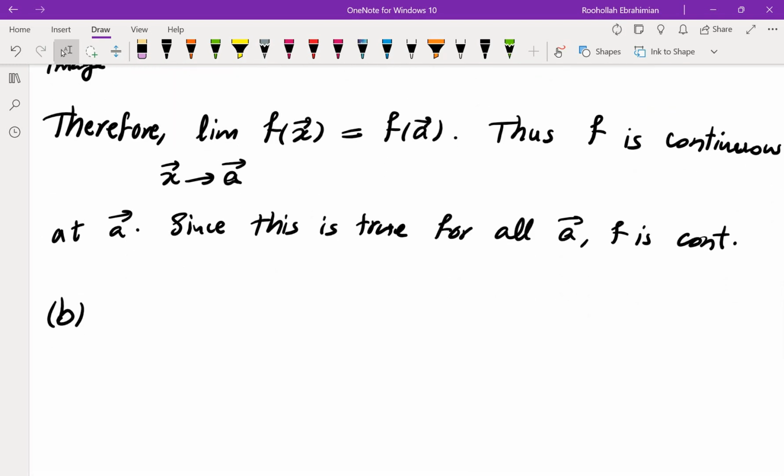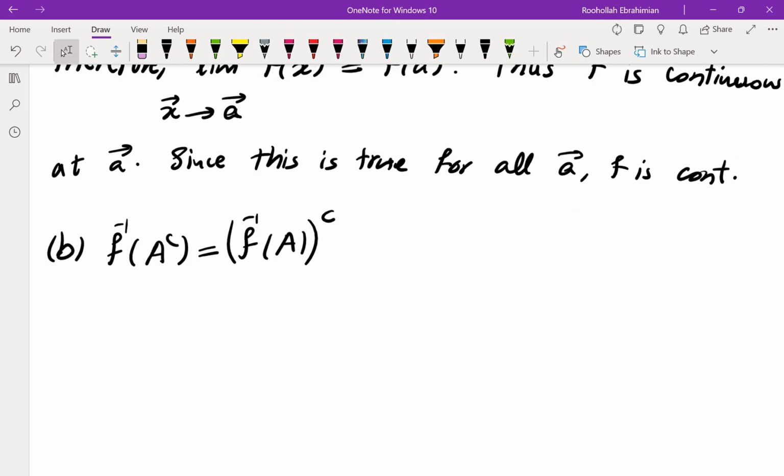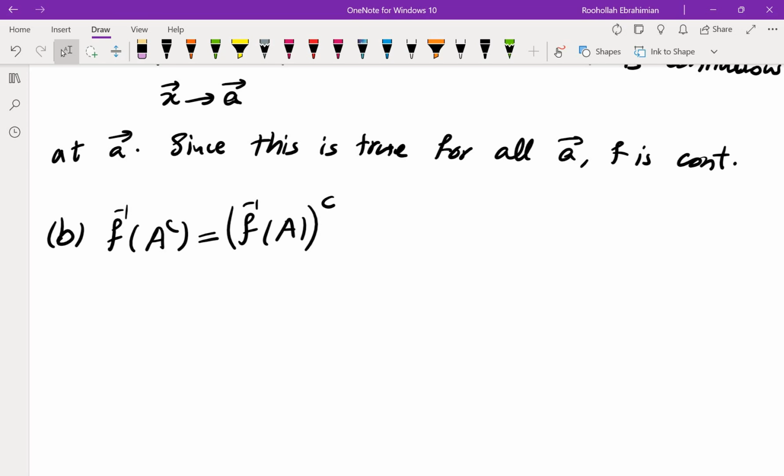What we do is that we're going to use the fact that the complement of an open set is closed and the complement of a closed set is open. So one thing to note is that if you take f inverse of a set complement, that's the complement of f inverse of that set. So if you use that, you would be able to recover the proof for this one. And what does that mean? These complements are actually quite different.